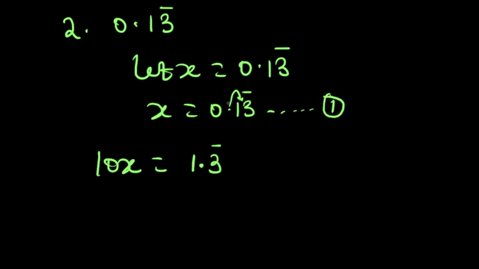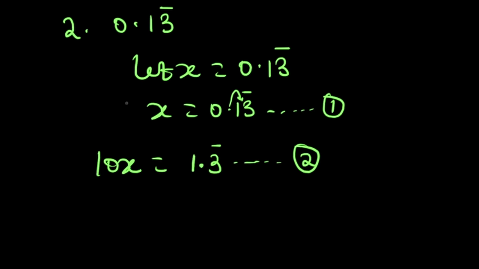Once it goes one place backwards, the number comes in front, and you also have to bring back the repeating decimal. Don't forget to bring back the repeating decimal. It's very important. So we say 10x is equal to 1.3 bar. We can call this our equation 2. Now, the next thing I'm going to do is to check: can we subtract?